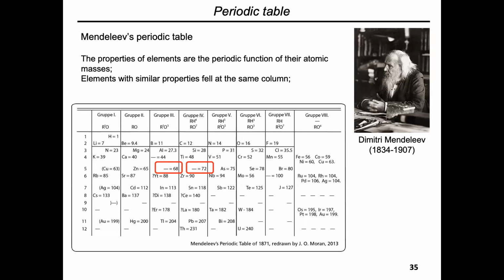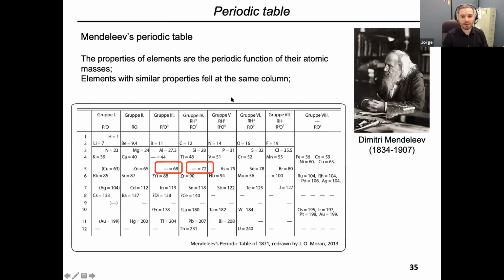He was one of the first to have the idea of a family organized in a column. The biggest mistake of Mendeleev was to organize the elements as a function of the atomic masses. However, this was the end of the 19th century, and that was what was available to organize things.